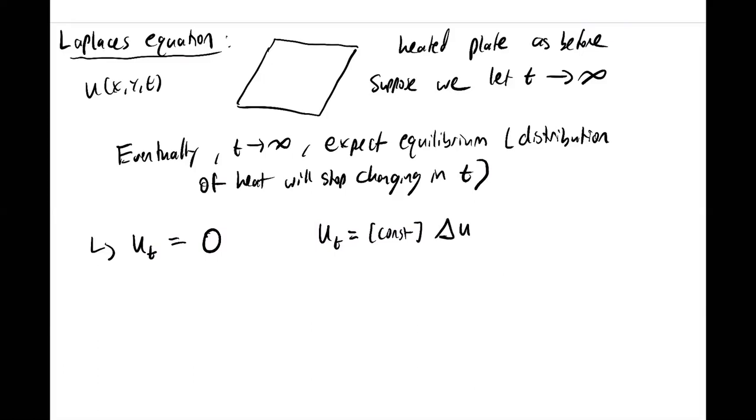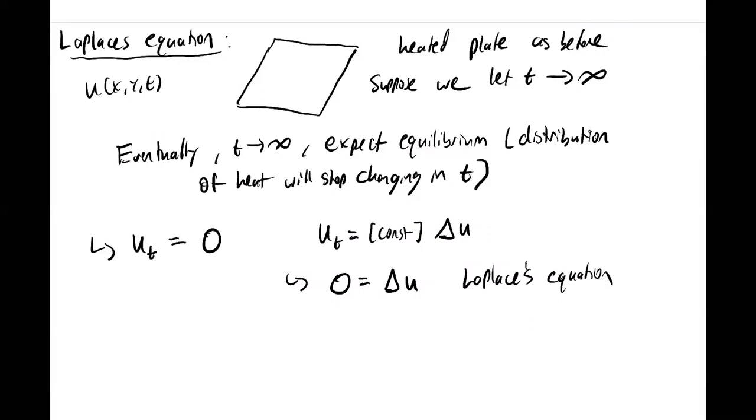So if u_t is equal to 0, this gives me a new equation where instead of the time derivative, I just have 0 on the left-hand side. And since I have a constant here, I can just divide by that constant, and I get the Laplacian of u is equal to 0. And this is what's known as Laplace's equation.